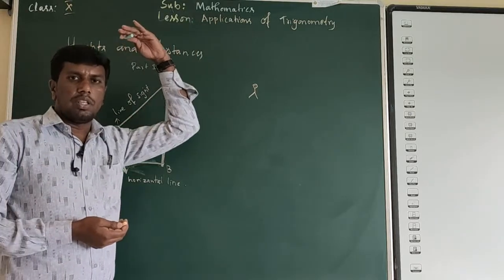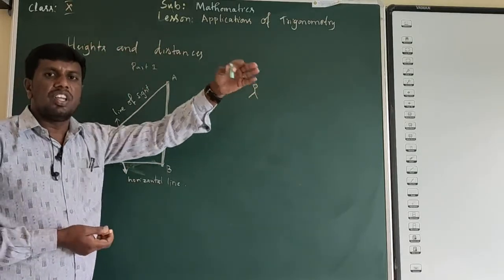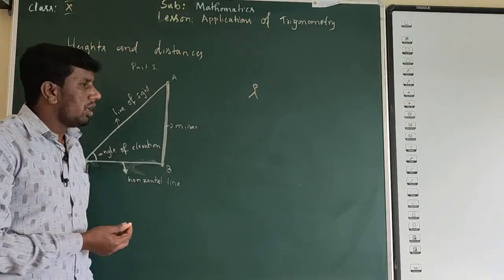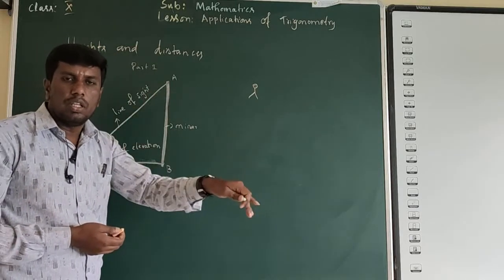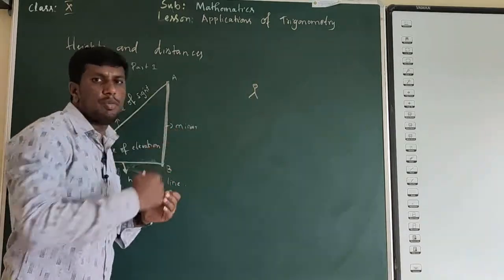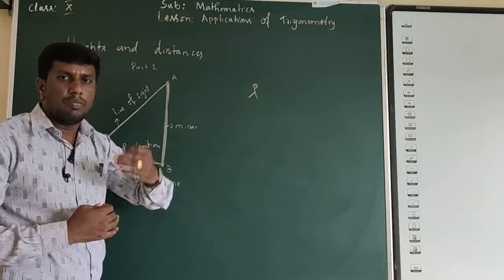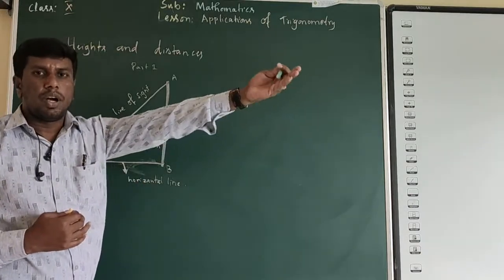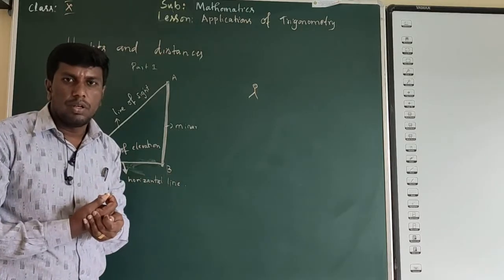You are observing that on the ground floor or on the road, some vehicle has been parked. So what is the distance between the vehicle and your building? How do we find out that distance without actually measuring?